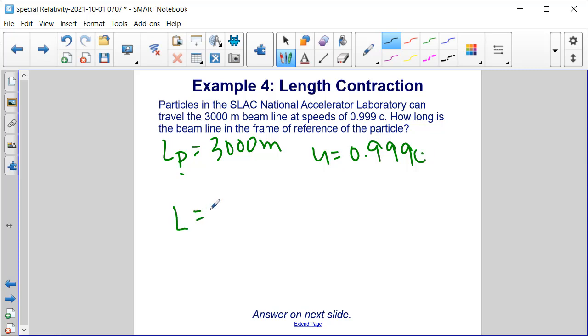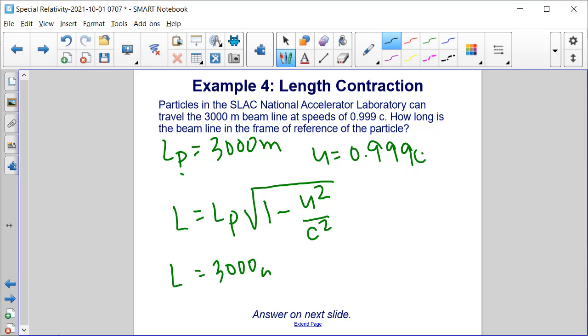So that length is the proper length times the square root of 1 minus u squared over c squared. 3,000 meters times the square root of 1 minus 0.999 squared c squared over c squared.